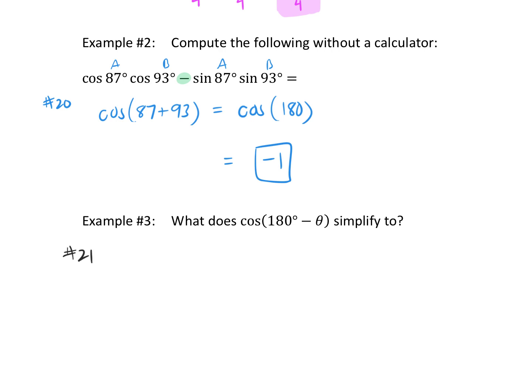And I'm just going to plug in 180 for A, and I'm going to plug in theta for B. So this becomes cosine of 180 times cosine of theta plus sine of 180 times sine of theta.